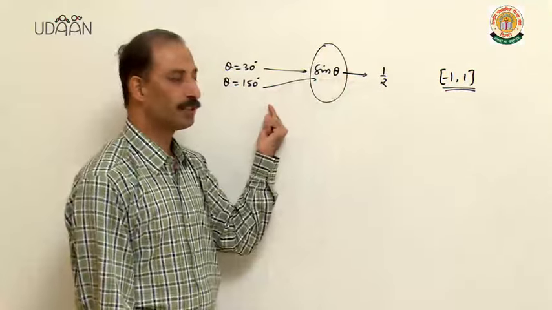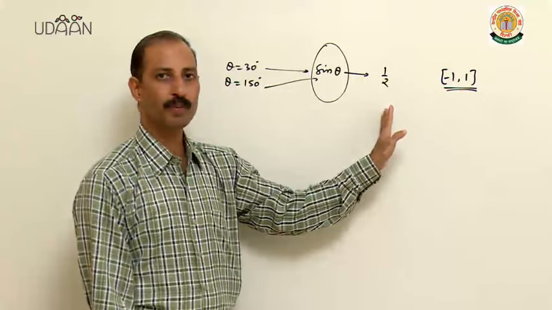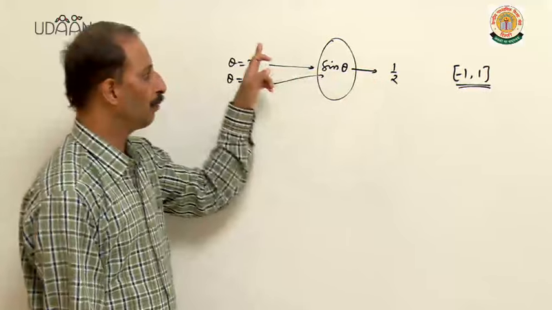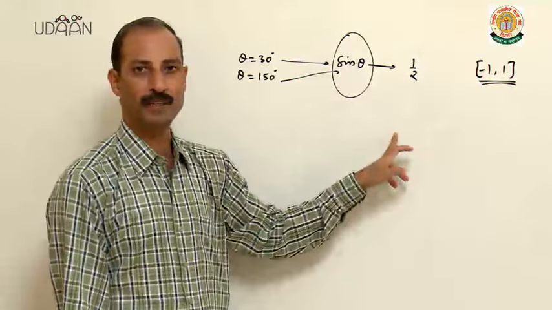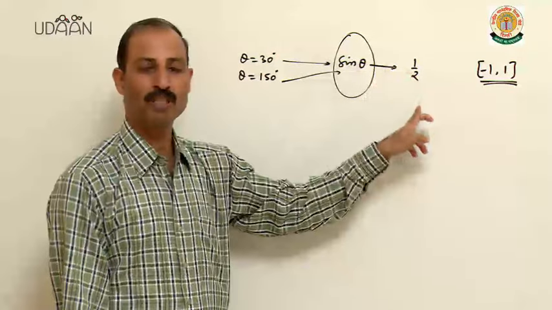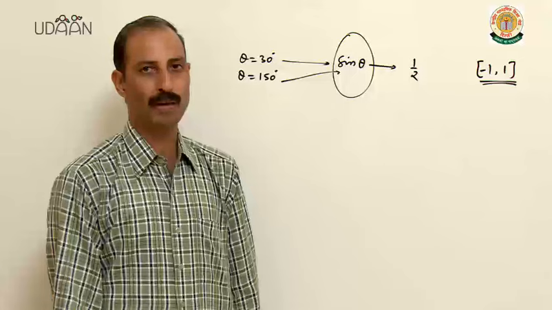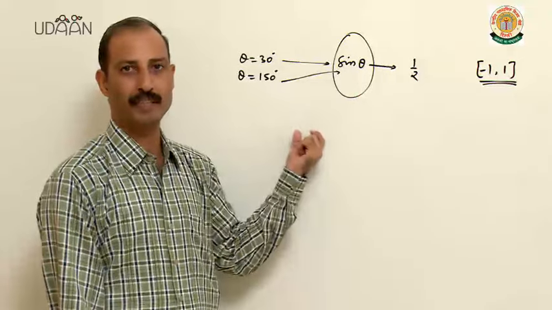For each input there is a corresponding output. It means different values of input should give different outputs. If two different values have the same output, that type of function is not bijective. If a function is not bijective, the inverse will not exist.